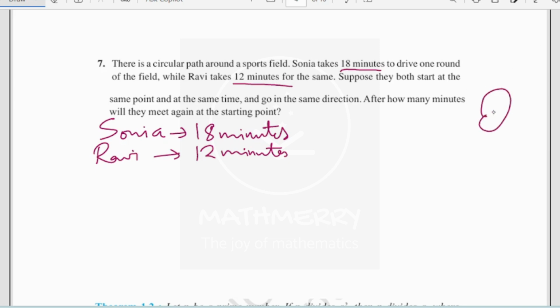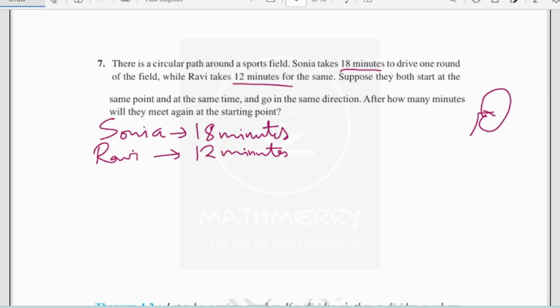As they are going in the same direction, they will meet again at the same time when Ravi will have completed one round of the circular path. So this will be the LCM of the time taken by Sonia and Ravi for completing one round.